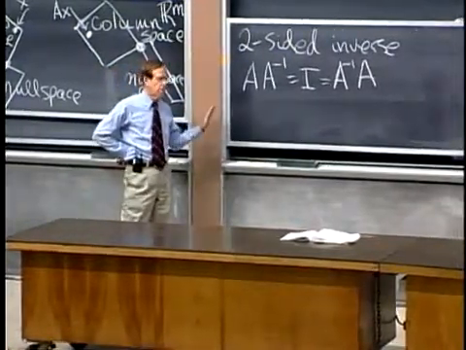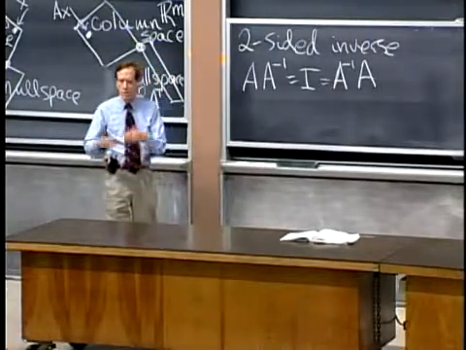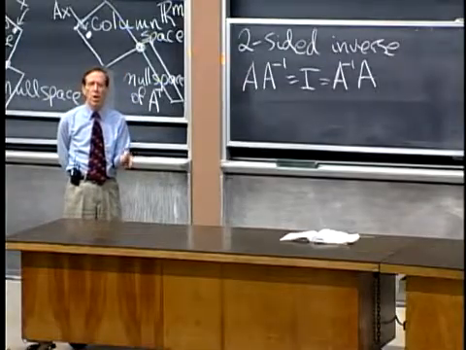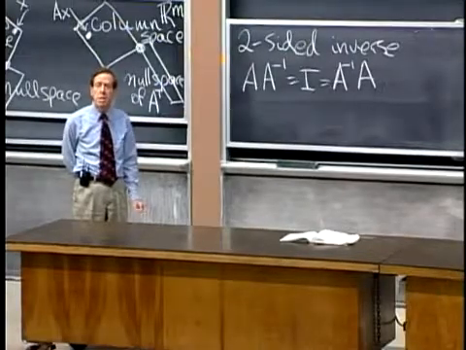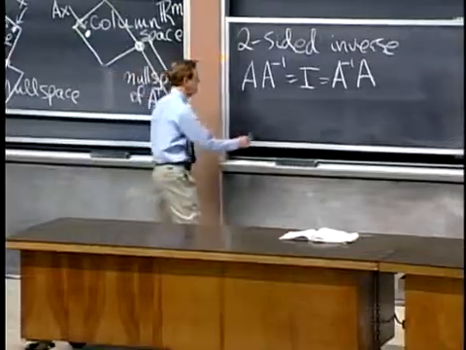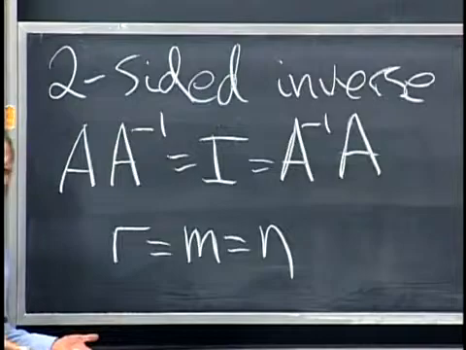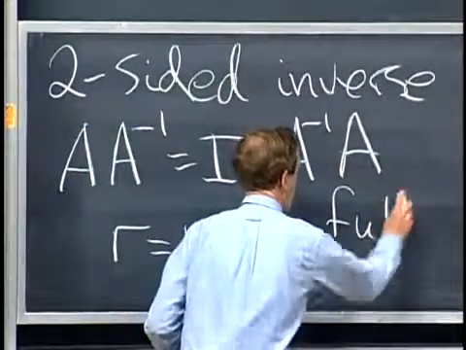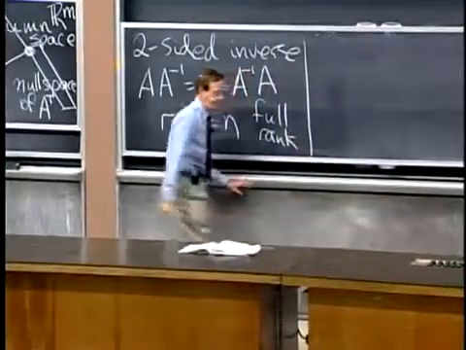Chapter 2 was all about matrices like this, at the beginning of the course. They're all equal. So this is the case when r equals m equals n: square matrix, full rank. Okay, good. Everybody knows that.